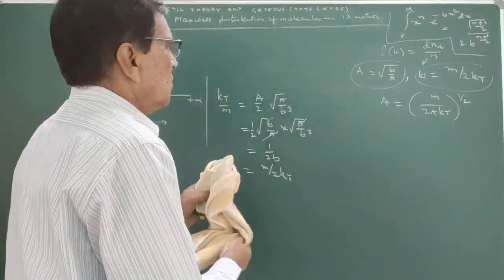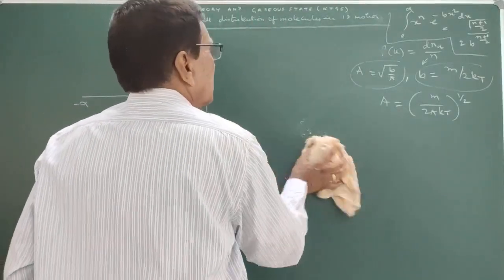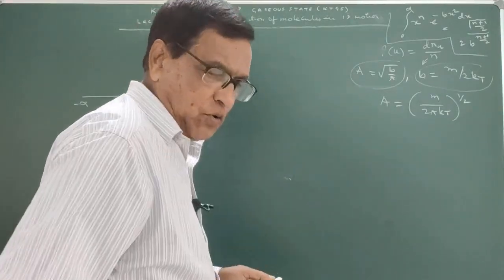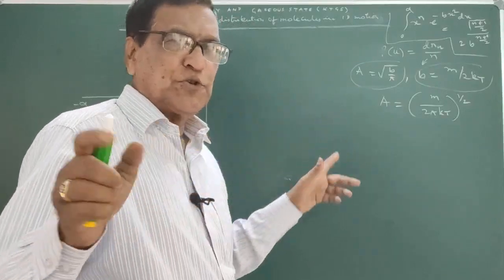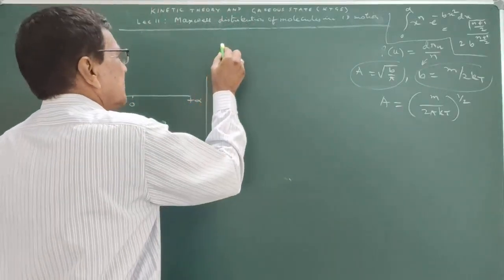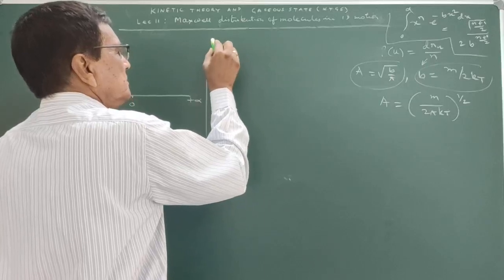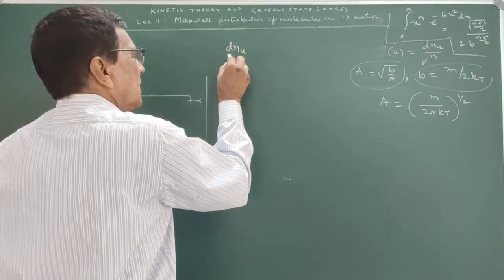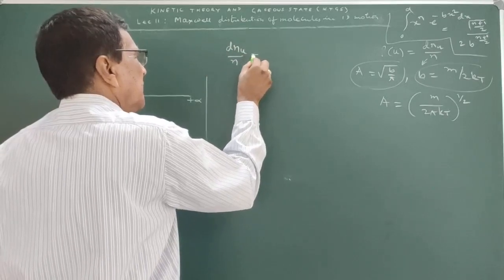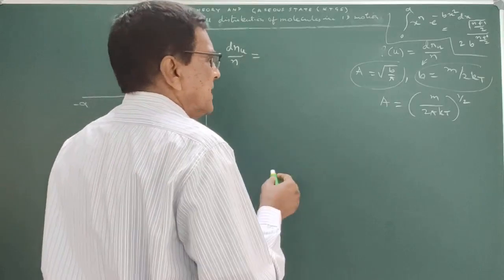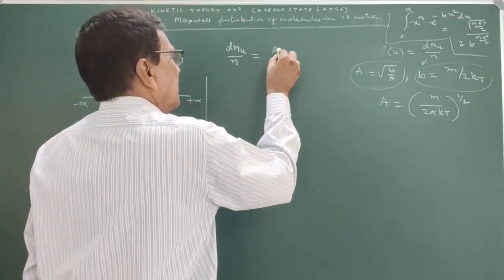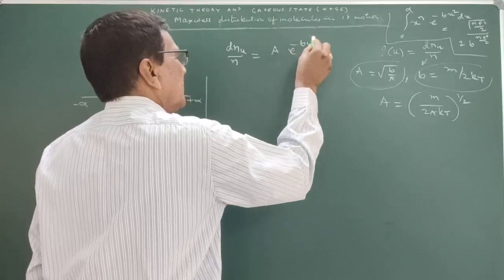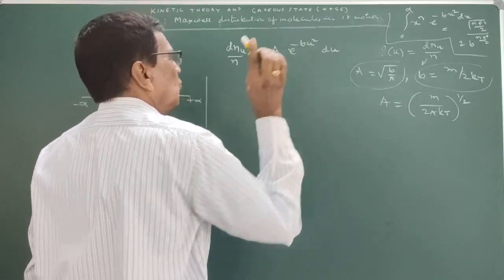So the distribution law in one component molecular motion is dn_u by n equal to A into e to the power minus b u squared du.